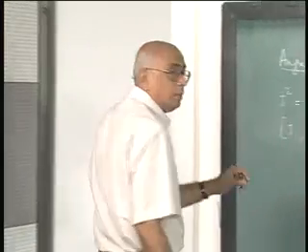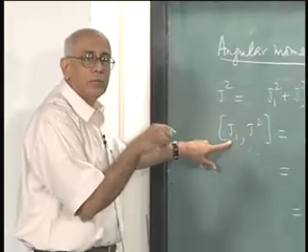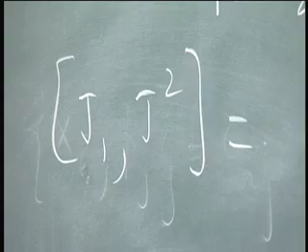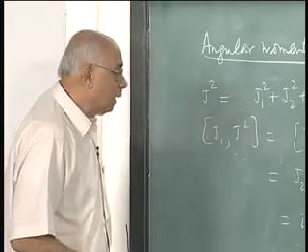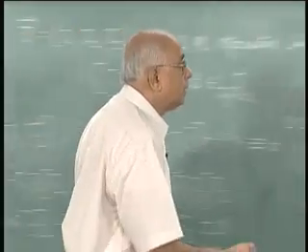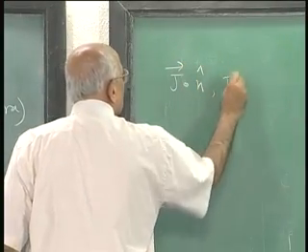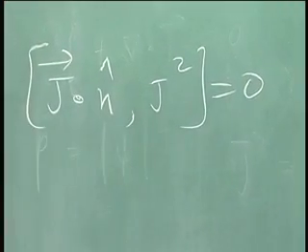In fact, it implies something more. It implies that any linear combination of J1, J2 and J3 commutes with J squared, any linear combination, since each of them commutes. So it immediately implies that J dot n with J squared is 0 for any unit vector n.